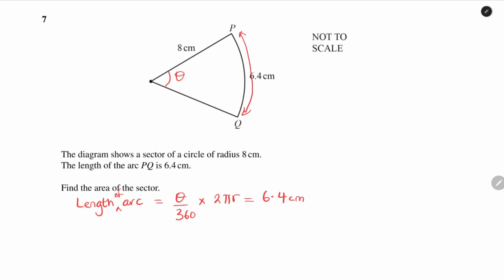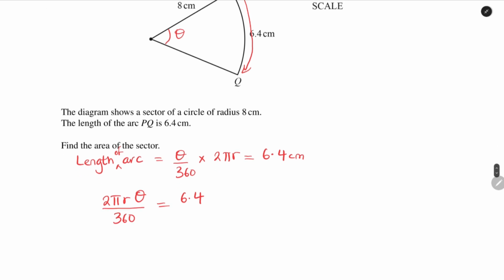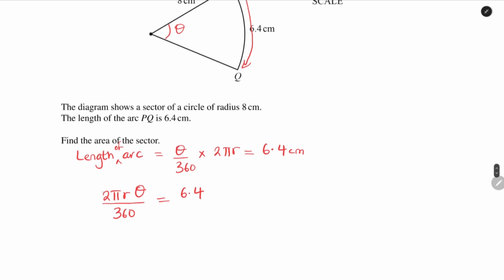So making theta the subject of the formula, we have 2 pi r theta over 360 equal to 6.4. The 360 goes to join the 6.4, and the 2 pi r becomes the denominator. I hope you understand. This goes up here and this comes down here.